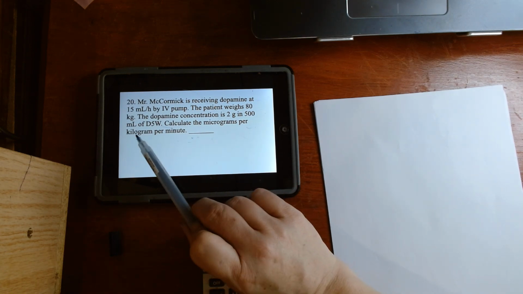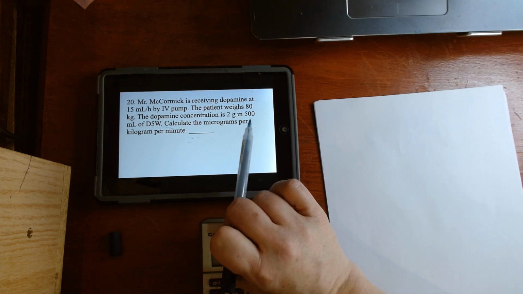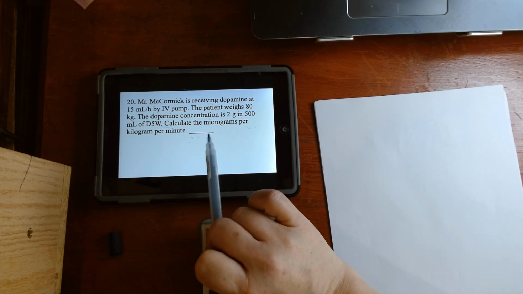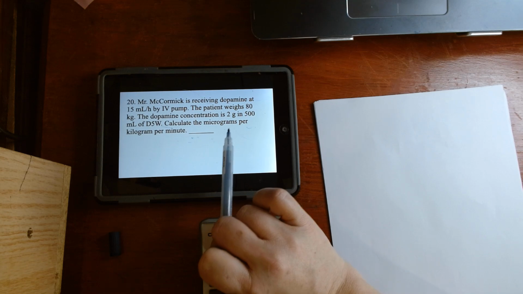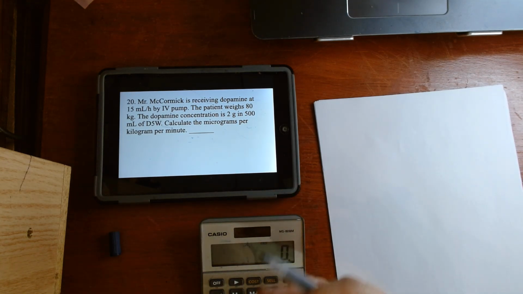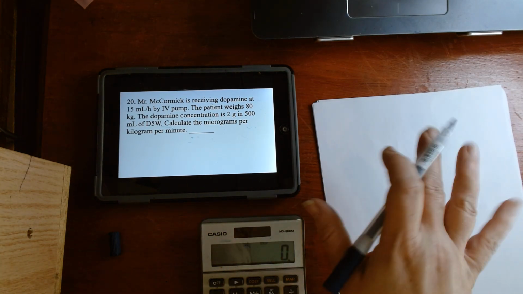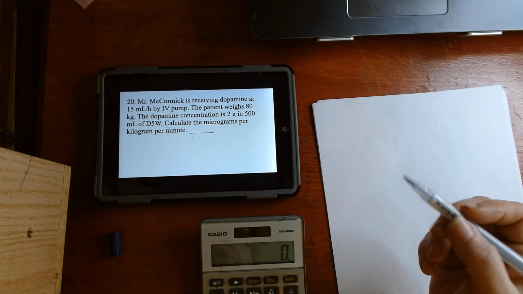The patient weighs 80 kilograms. The dopamine concentration is 2 grams in 500 milliliters. Calculate the micrograms per kilogram per minute. Okay, I know you just vomited in your mouth a little bit, but if you have a beverage, take a sip and let's just do this.